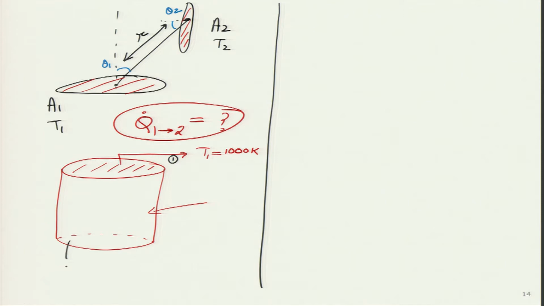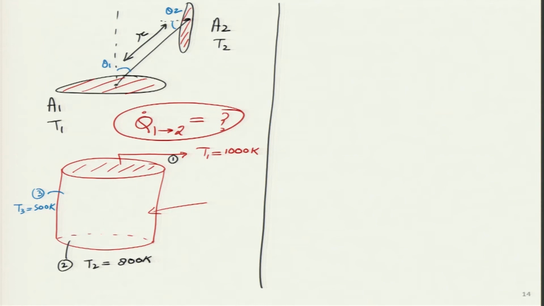Then my bottom disc is surface number 2, and its temperature is also known to me, and the side surface, the peripheral surface, is surface 3, and I know its temperature as well. So, it is a hollow cylinder in which there are three different surfaces at three different temperatures.